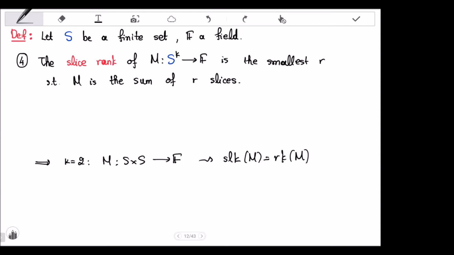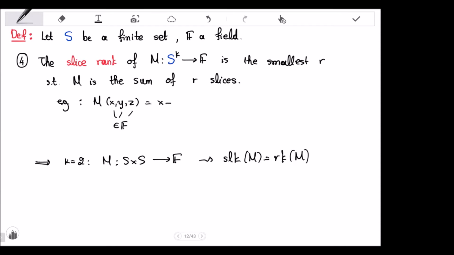Okay, and it's not always clear to see from the picture what the slice rank is, of course. So let's just do an example with variables. If we have M of x, y, z, where these say belong to a field, so not to a field to the n, but to a field this time.